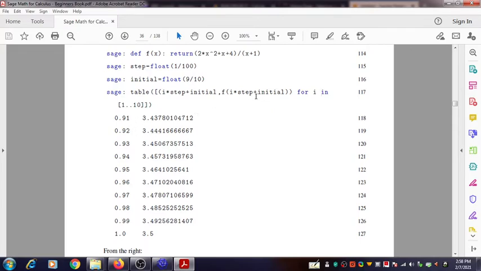So immediately the system will evaluate f of 0.91, and that will be stored in the system and then written, because this table command tells the system to display that content in the form of a table. So it will display the calculated function value.